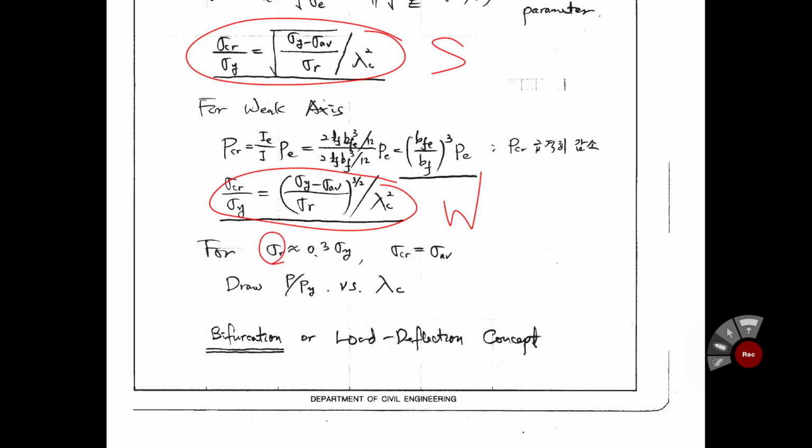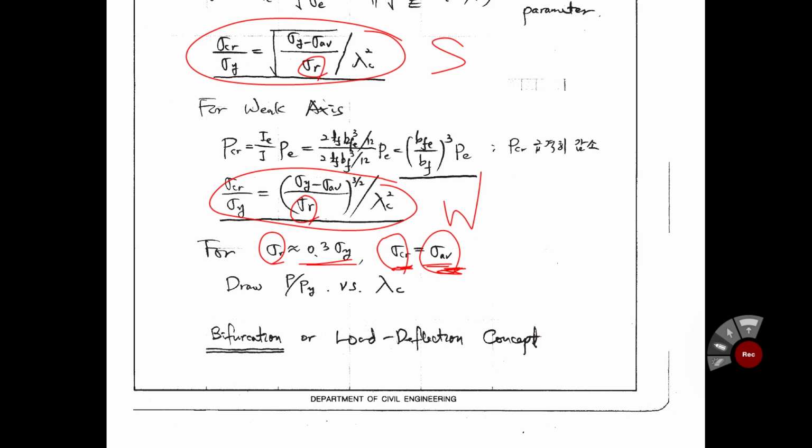If sigma r equals 0.3 sigma y, we input here. When average stress buckling occurs, we can let sigma CR equal sigma AV. We are interested in the buckling state. So this average stress must be the buckling stress.